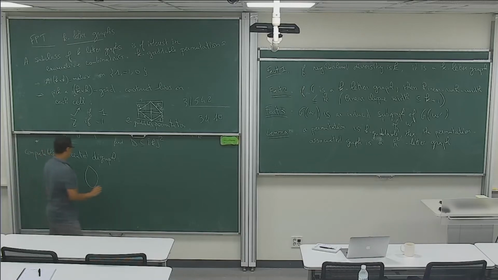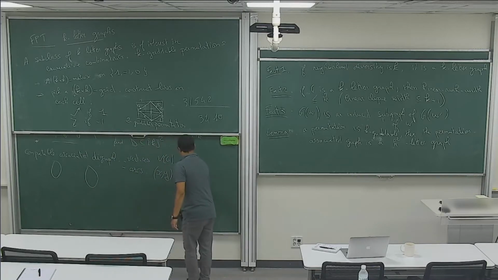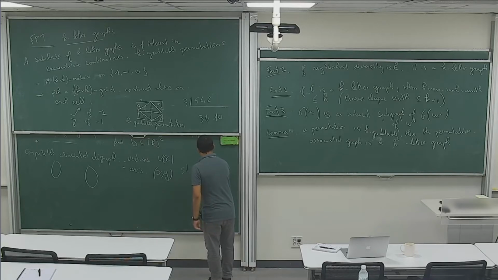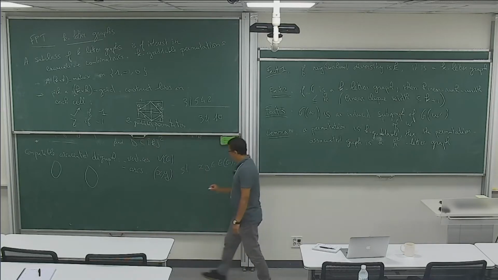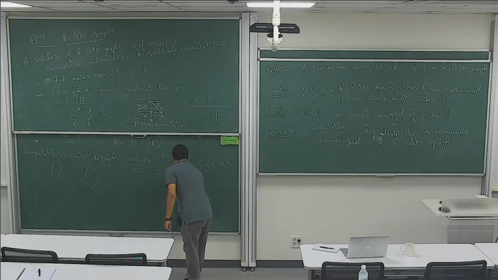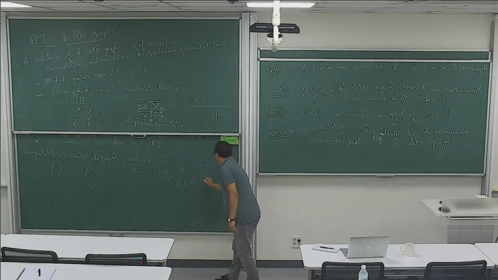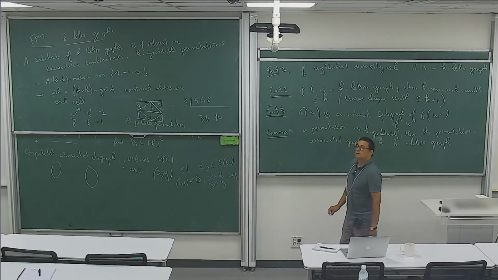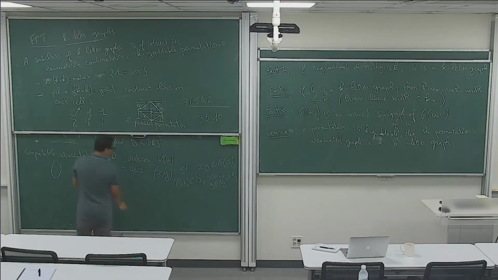I have vertices V of G, and the arcs are the following: x, y such that x, y is an edge, ij is in D, and x is in Vi, y is in Vj, i different from j.